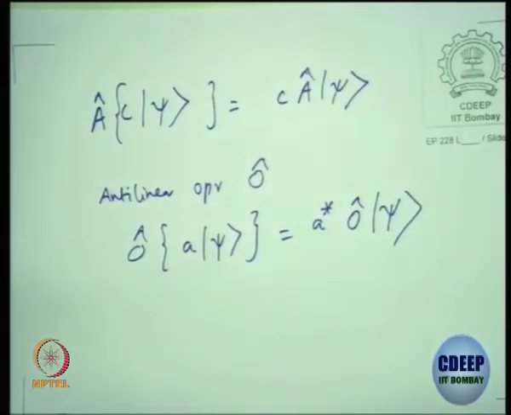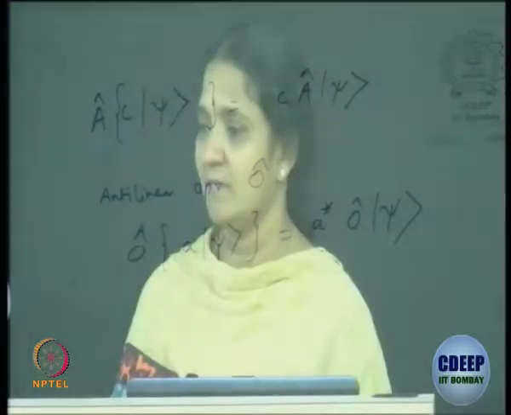If we have time, we will talk about this at some point. There is a time reversal operator which has to satisfy this property. We will come to it. For all practical purposes right now, the observables which we are studying, like momentum and energy, satisfy the linearity property. So, you are looking at linear operators.